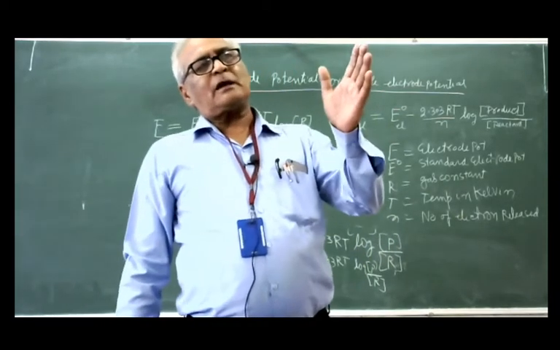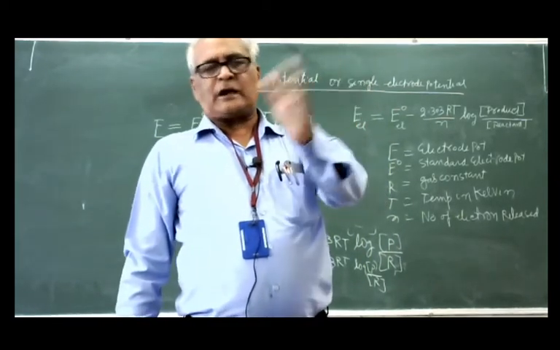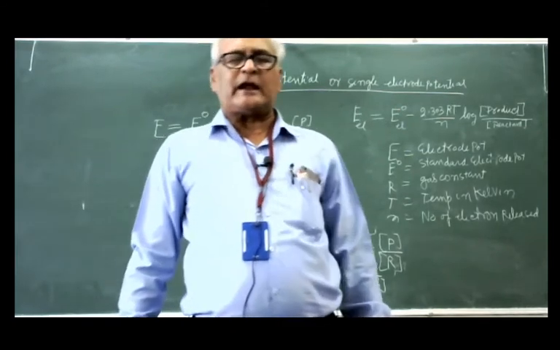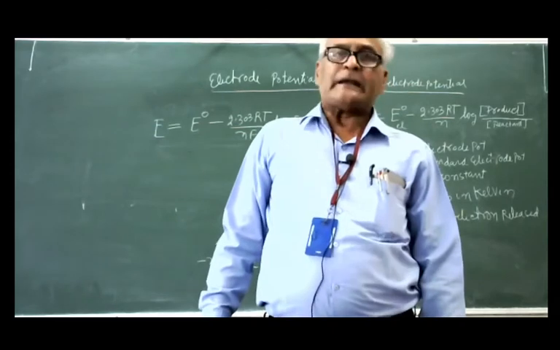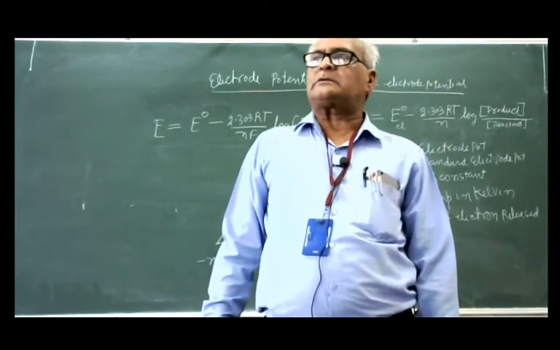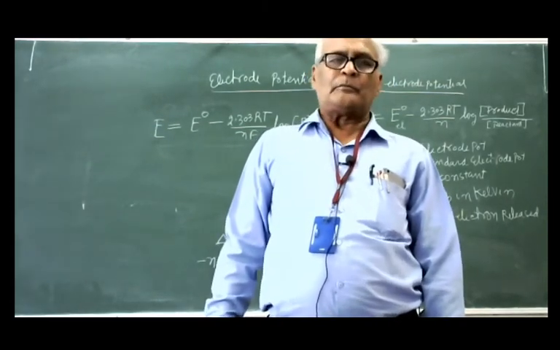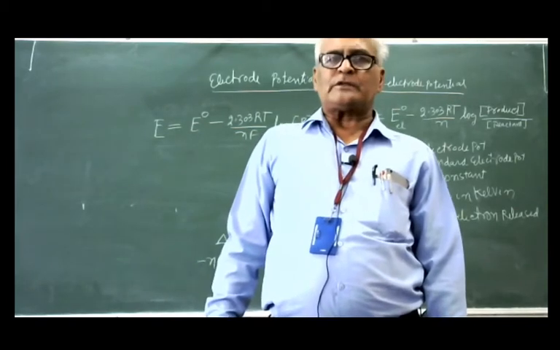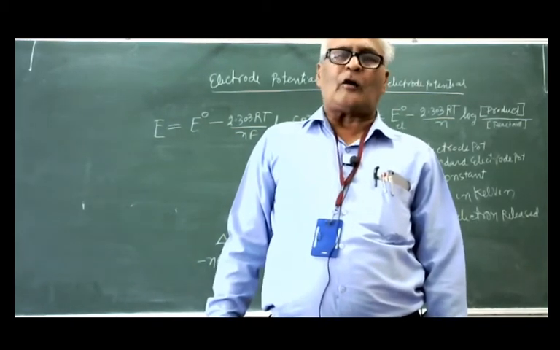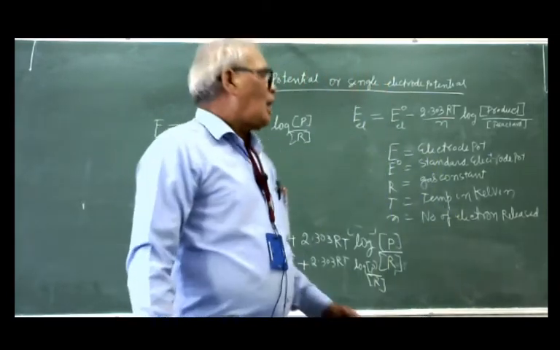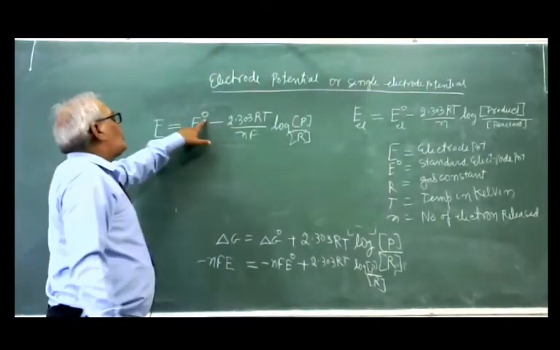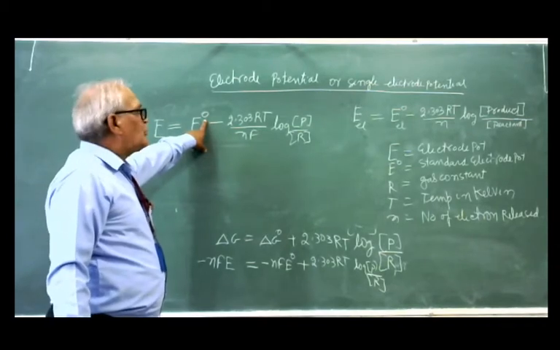So temperature is kept at 25 degrees centigrade, 298 Kelvin, and the concentration of the electrolyte is 1 M. So the electrode potential obtained will be called the standard electrode potential. Therefore this E0 is the standard electrode potential.